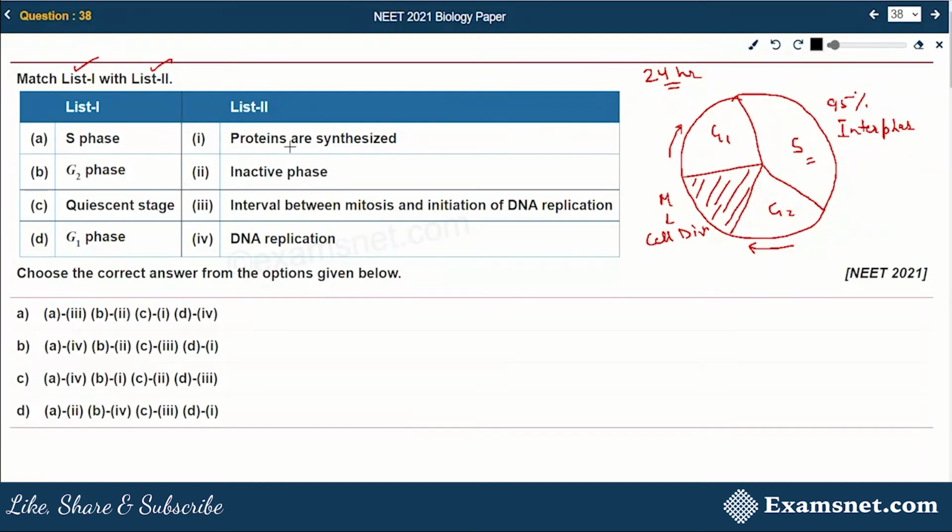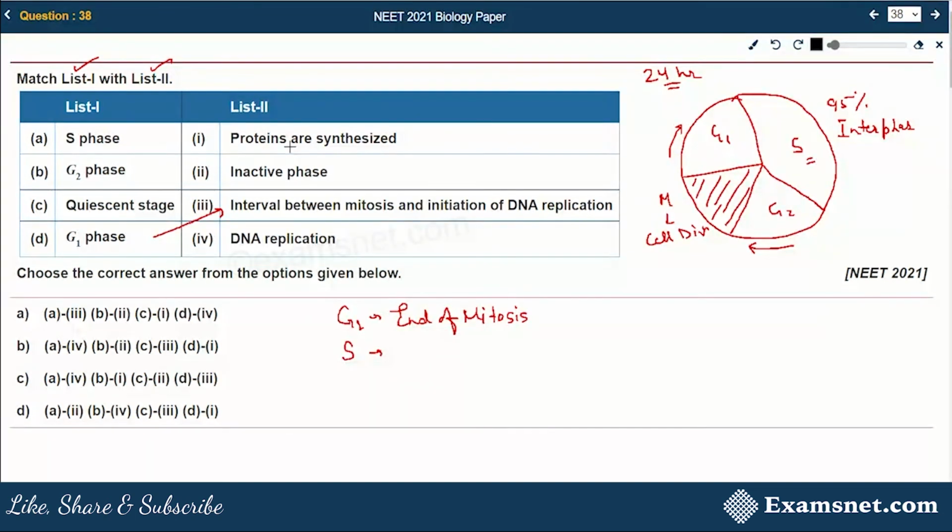Let's see what happens during G1 phase. This is the phase during which the mitosis is just ended, and the preparation for the DNA replication starts. So the correct match for G1 is interval between mitosis and initiation of DNA replication. What is S phase?